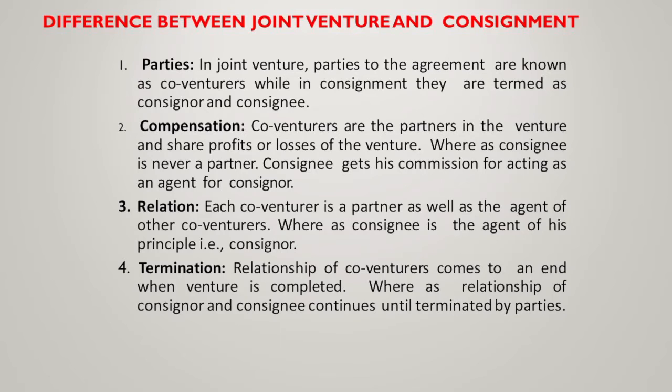Relationship: co-venturers have the relationship like partners and as the agent of other co-venturers, while the consignee is the agent whose principal is the consignor.